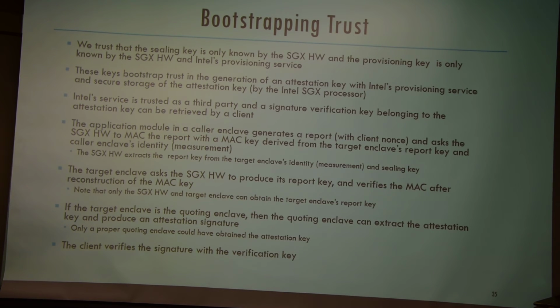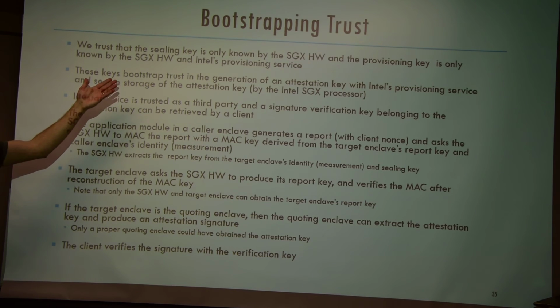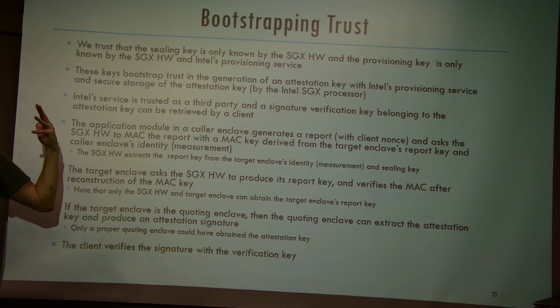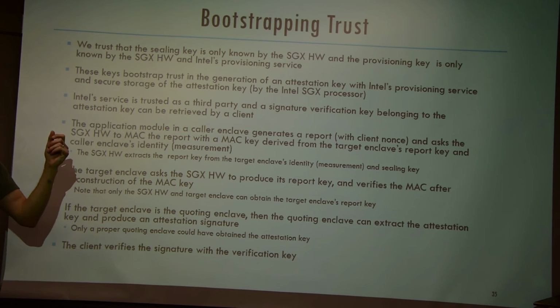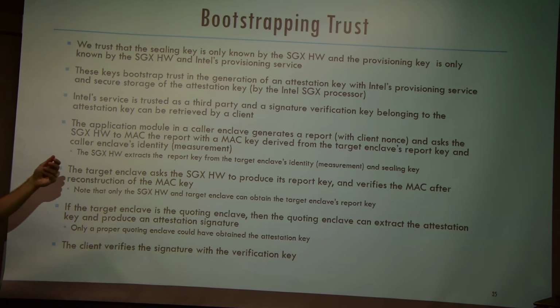We had a diagram in one of the slides that we discussed on Monday that shows that relationship. But anyway, conceptually, this is effectively what happens. And now you also have secure storage of the attestation key by the Intel SGX processor that uses that sealing key that we just discussed, mixed with the identity of the quoting enclave so that it can be found out by the quoting enclave.